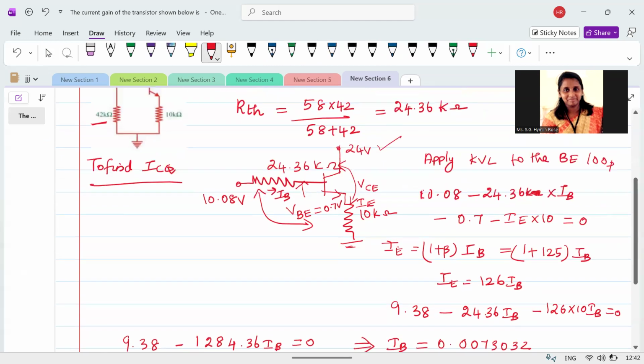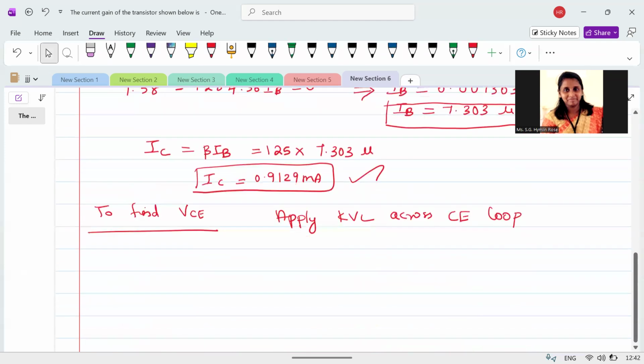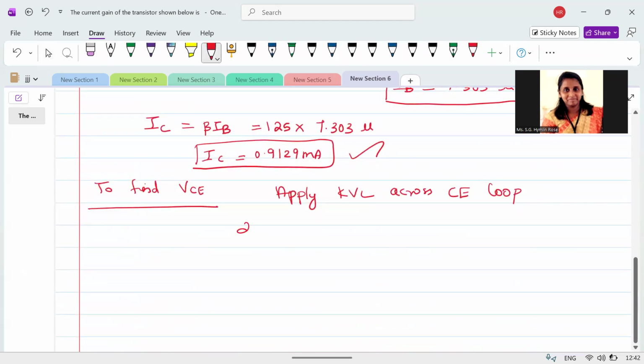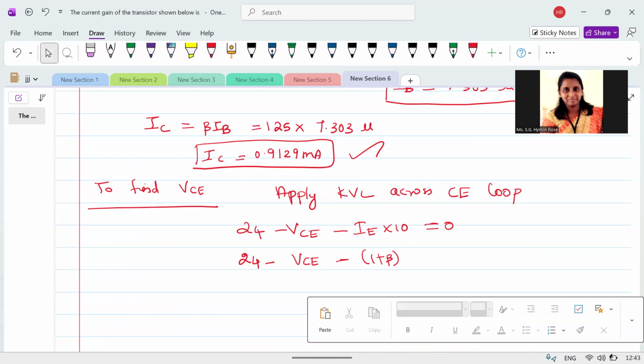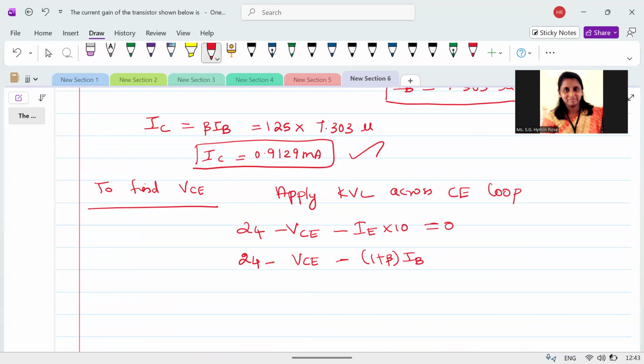So 24 minus VCE minus the drop across the emitter resistance, that is IE into 10, equal to 0. So 24 minus VCE minus (1 plus beta) IB into 10 equal to 0.